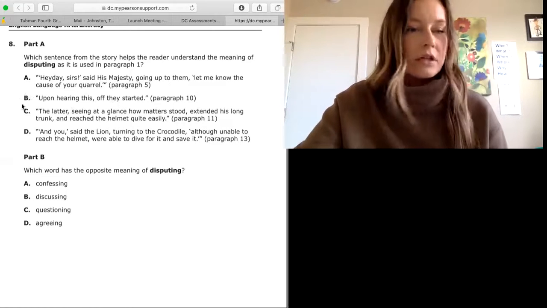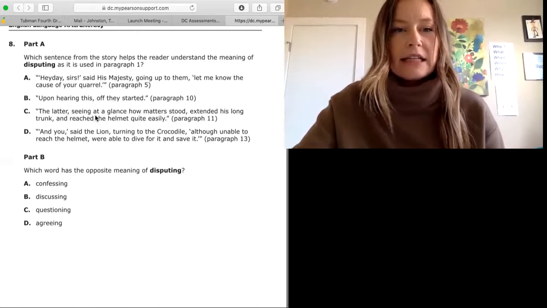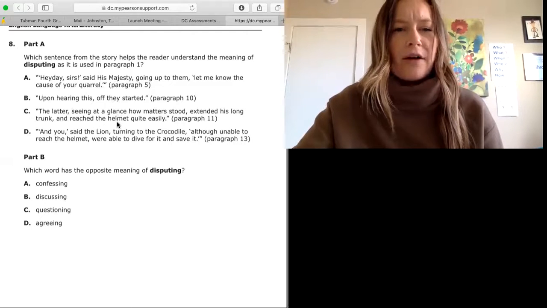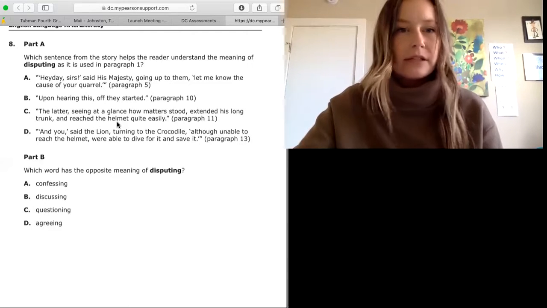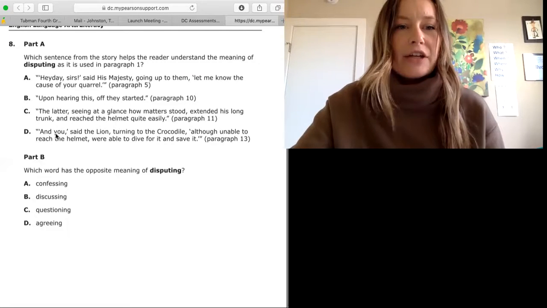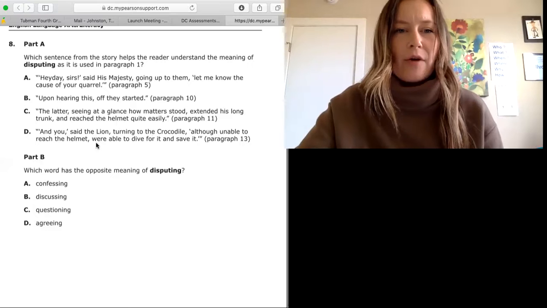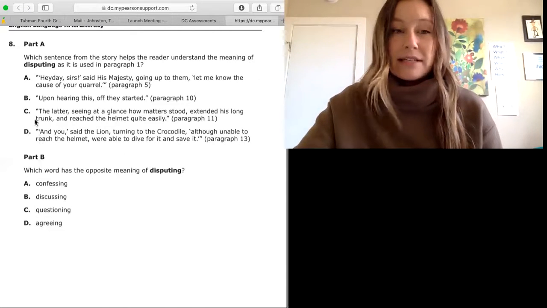Nope, I'm gonna cross that one off. "The latter, seeing at a glance how matters stood, extended his long trunk and reached the helmet quite easily." Nope, that doesn't mean arguing, so I'm gonna cross that one off. "And you," said the lion, turning to the crocodile, "although unable to reach the helmet, were able to dive for it and save it." Nope, that doesn't mean arguing.